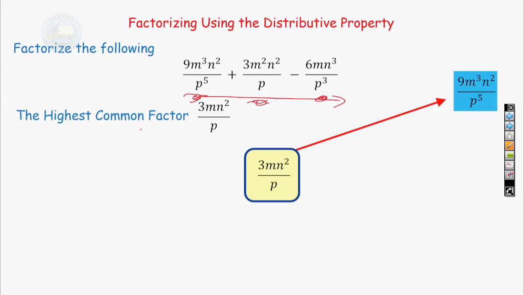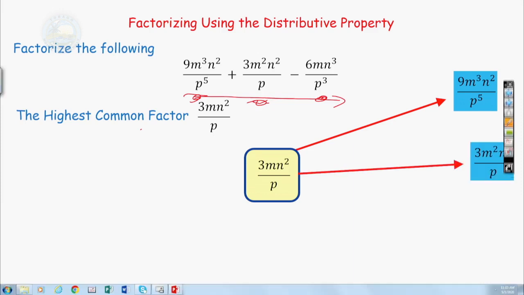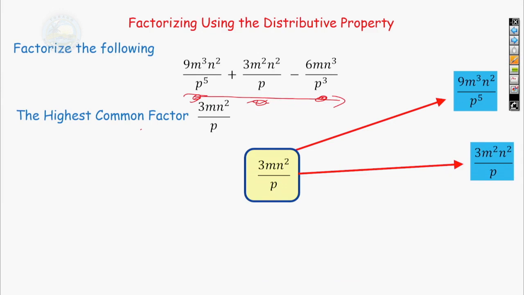Also, what need we multiply it by to give us 3m squared n squared p? And also, to give us 6m n cubed p cubed? It's not as difficult as it looks. I know you like maths.